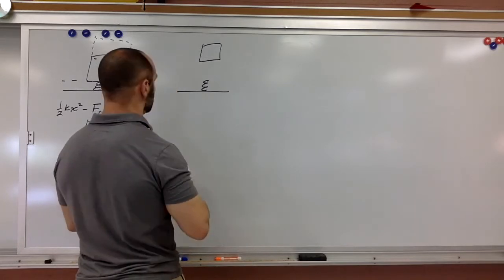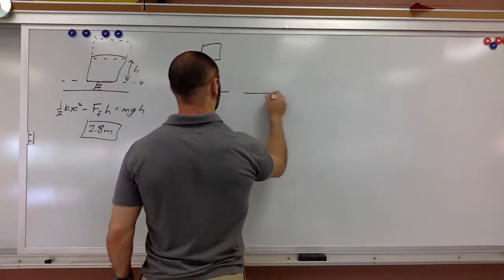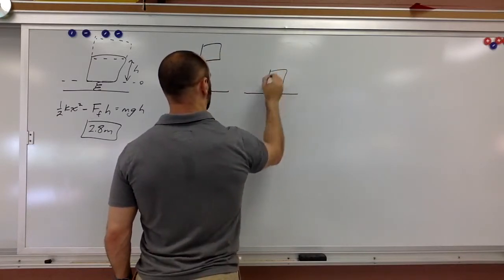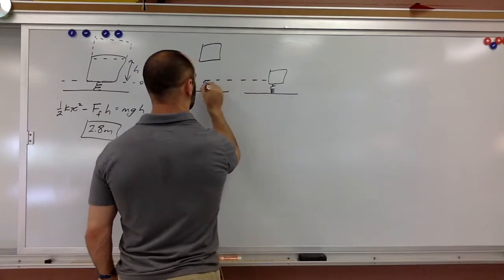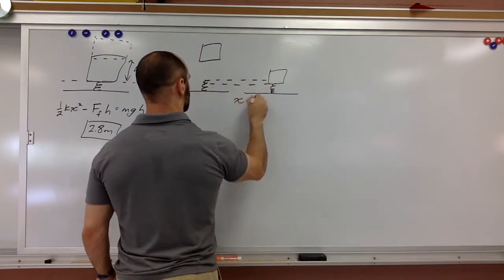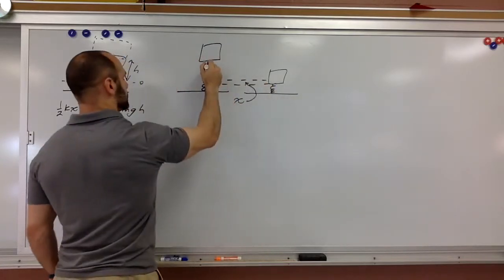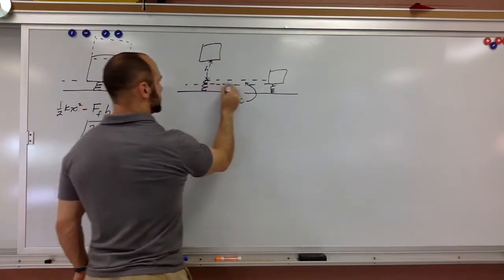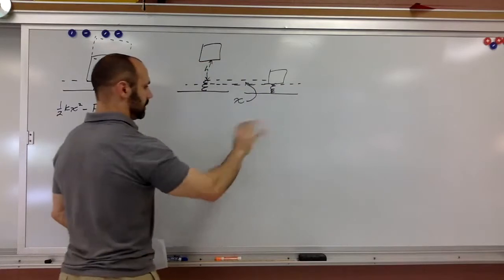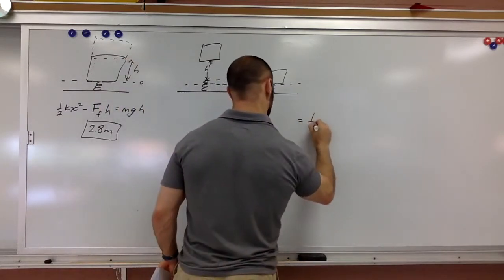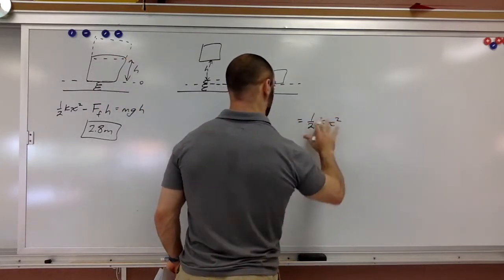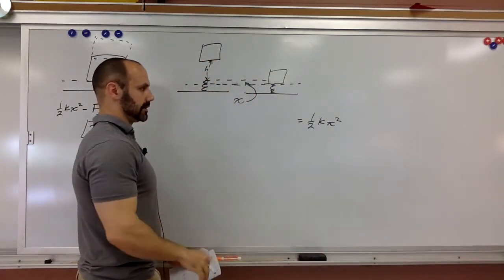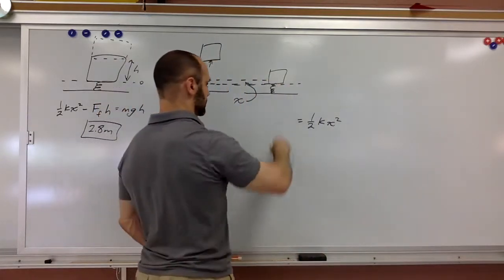And then at the end, it's going to be compressed some distance x. So this is x in here, and this is whatever that initial height was. I want to set this as my datum so that my final condition is just 1/2 kx squared. I don't want to have any other energies there, like potential energy, kinetic energy. And kinetic energy won't be there anyway because it's going to come to rest.